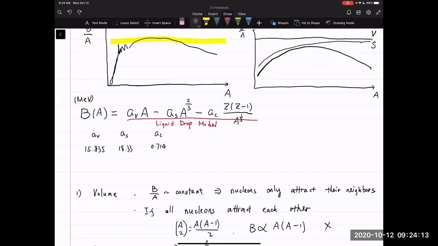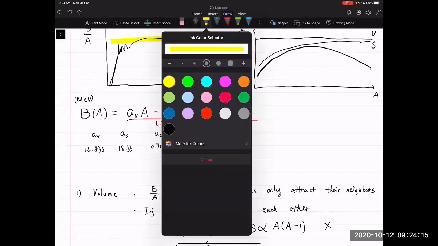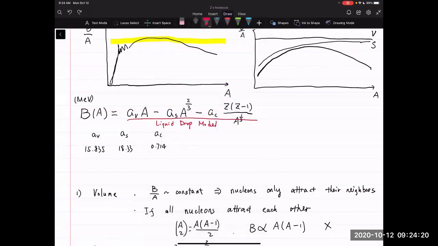The reason for this maximum in the B over A curve is that it comes from the Coulomb interactions. Without the Coulomb interactions, we wouldn't have this maximum.